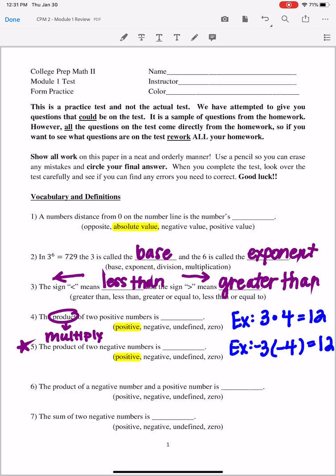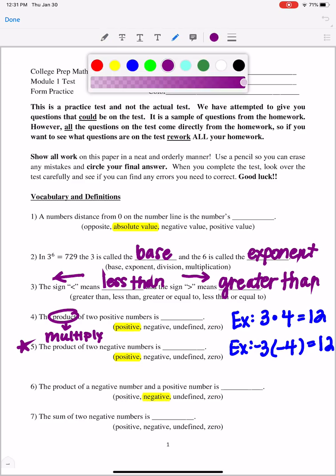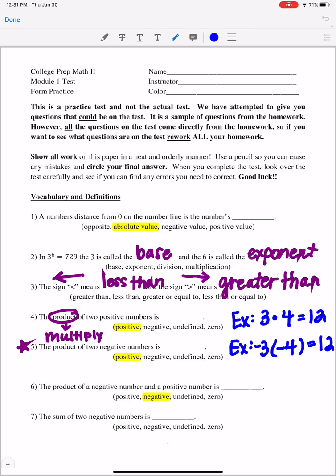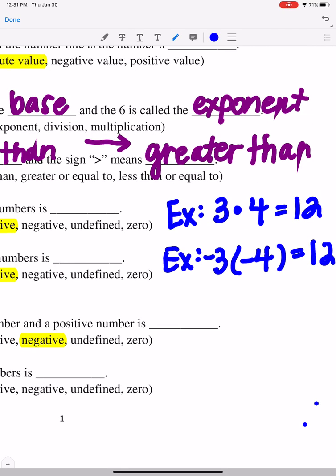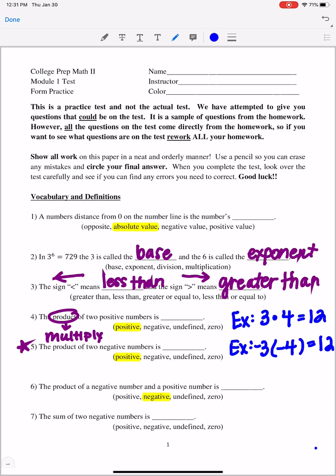Number 6, the product of a positive and negative: when those signs are different, that is when it is negative. So, for example, if you have 3 times -4, that is -12.